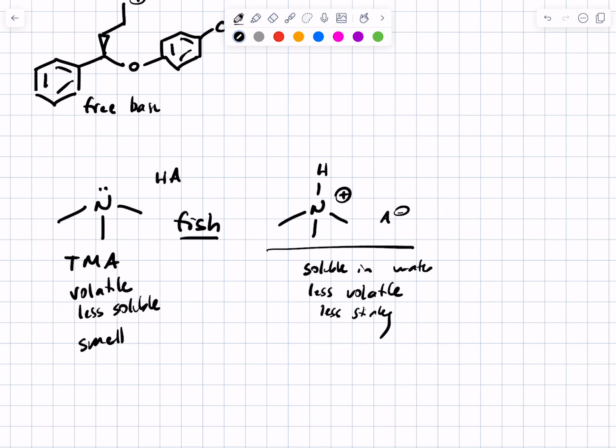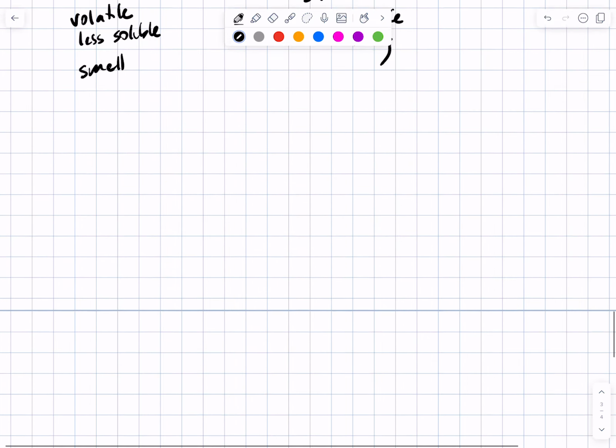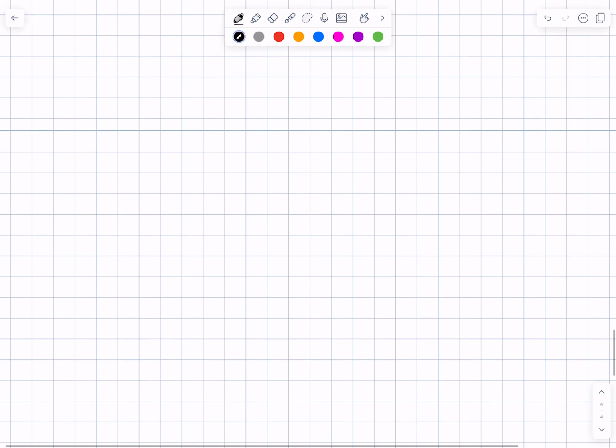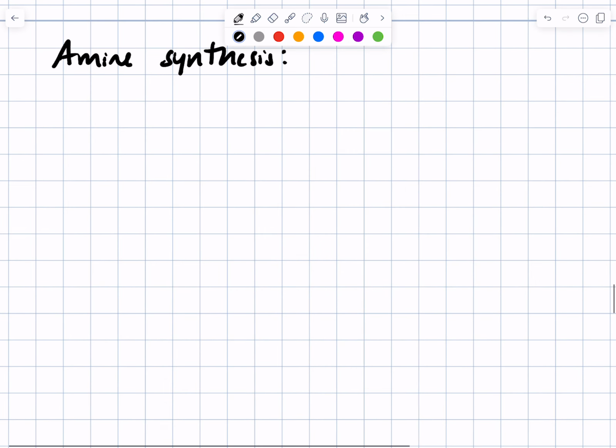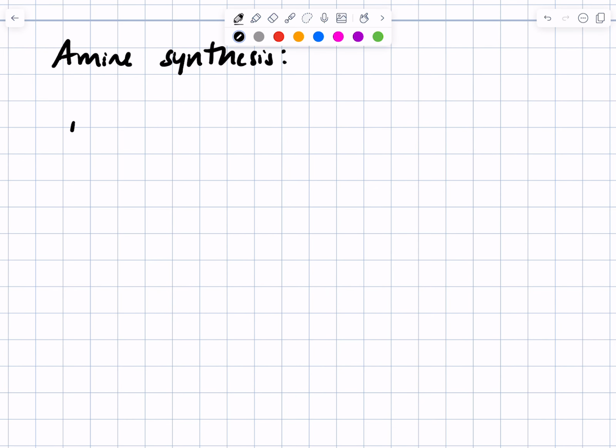Okay, well, now we need to get back to some chemistry. We're going to introduce a new reaction and then one that you've seen before. So let's talk about amine synthesis. And we've got a major problem, and that is that you think that amine synthesis should be easy.